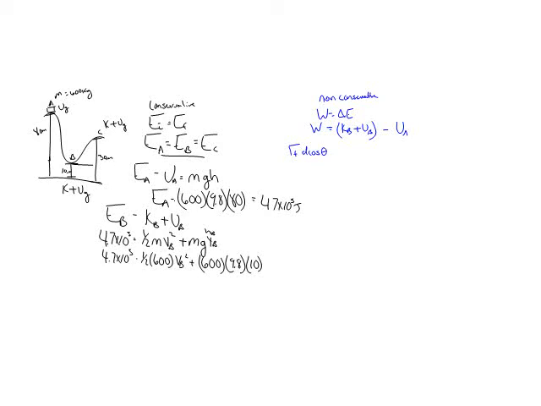And this is going to be 1/2 m vB squared plus mg h at B, or y at B, minus mg h at A.